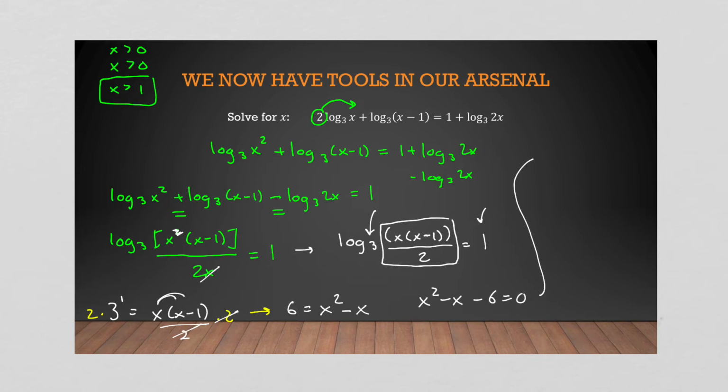Again, we're back in the land of quadratics. You get x minus 3, x plus 2 equals 0. And that gives us x equals 3 and x equals negative 2. And remember that the domain restriction has to be satisfied. So goodbye negative 2, and the answer is x equals 3.